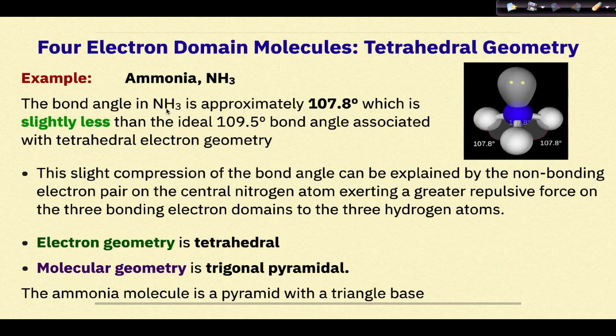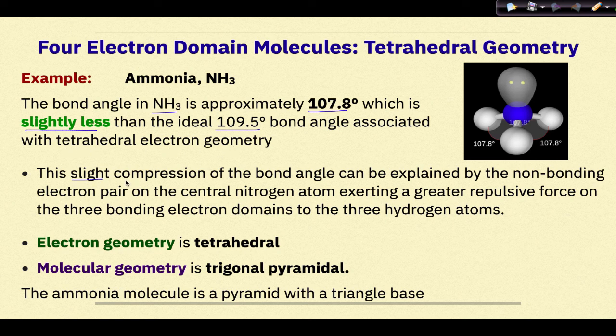The bond angle in NH3 is approximately 107.8, which is slightly less than the ideal 109.5 degree bond angle associated with tetrahedral electron geometry.